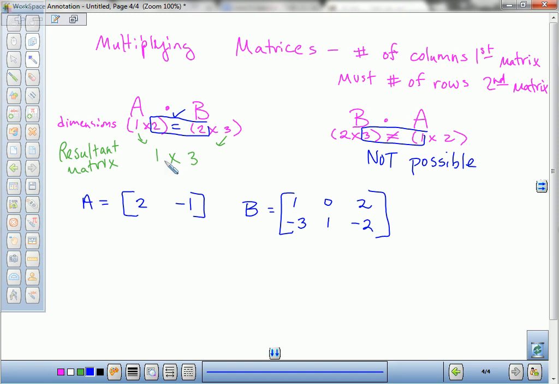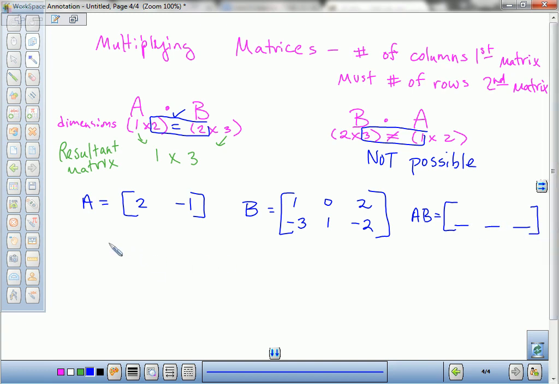Now, we know our answer will have how many rows? 1 row and 3 columns. So when we do A times B, it's going to have 1 row and 1, 2, 3 columns. So that's what we know the answer looks like.